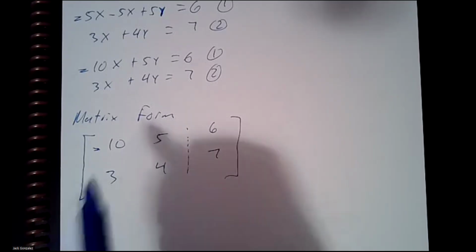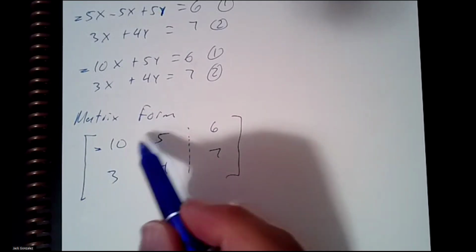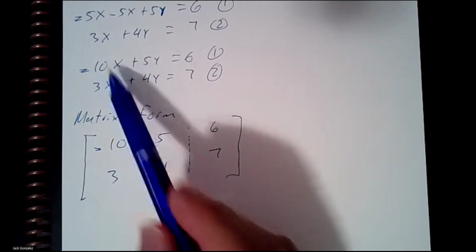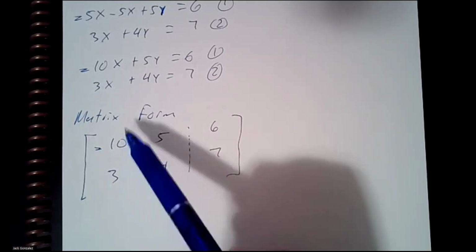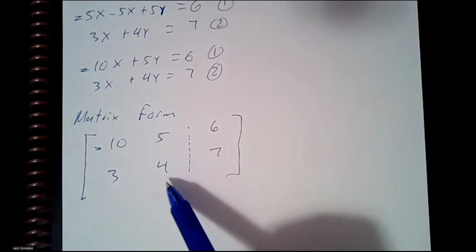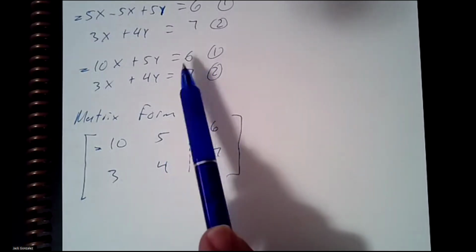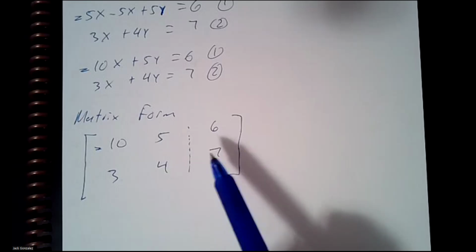Remember, this is the column of the x variables, so this is where the coefficients of the variables go. So -10 is right there, 3 is right there. So this column is the x's, 5 and 4 is the column for the y's, and then the equal to part is on the right-hand side, 6, 7.